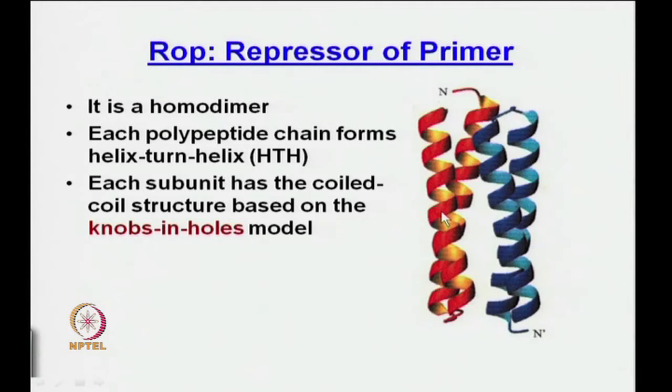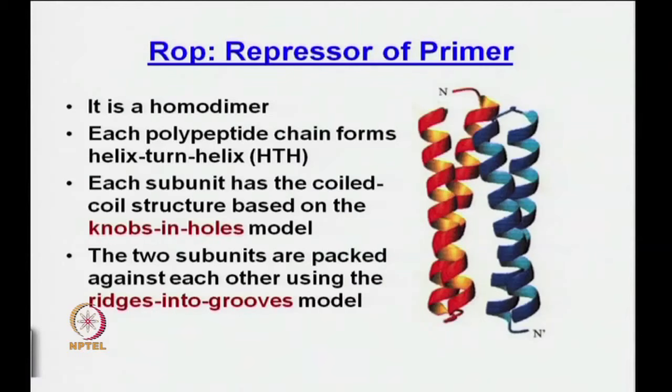These two are packed against each other using the knobs and holes model, the other two are also packed against each other using the knobs and holes model. So, the two red helices knobs and holes, the two blue helices knobs and holes among themselves. However, when the red dimer and the blue dimer are packed against each other, what we get is the ridges and grooves model. That is the model they use to pack.